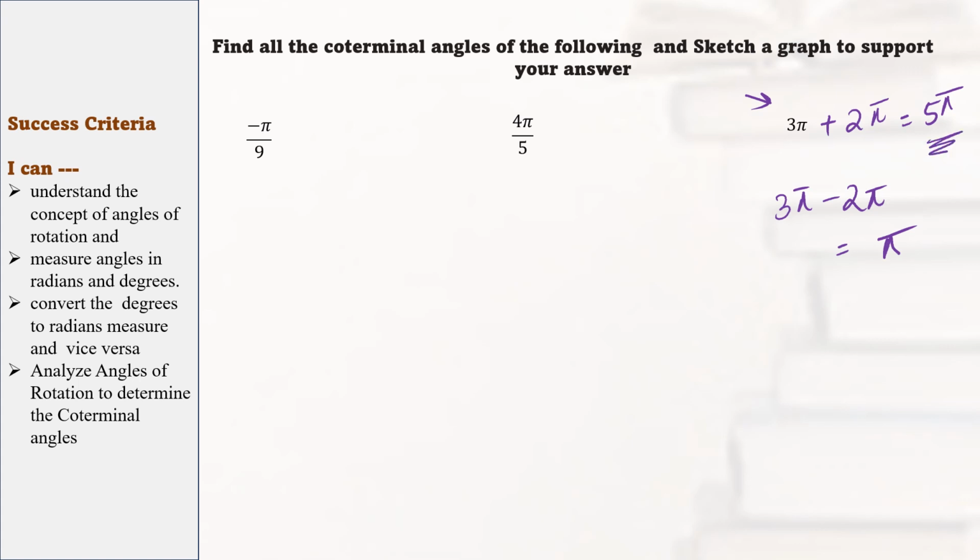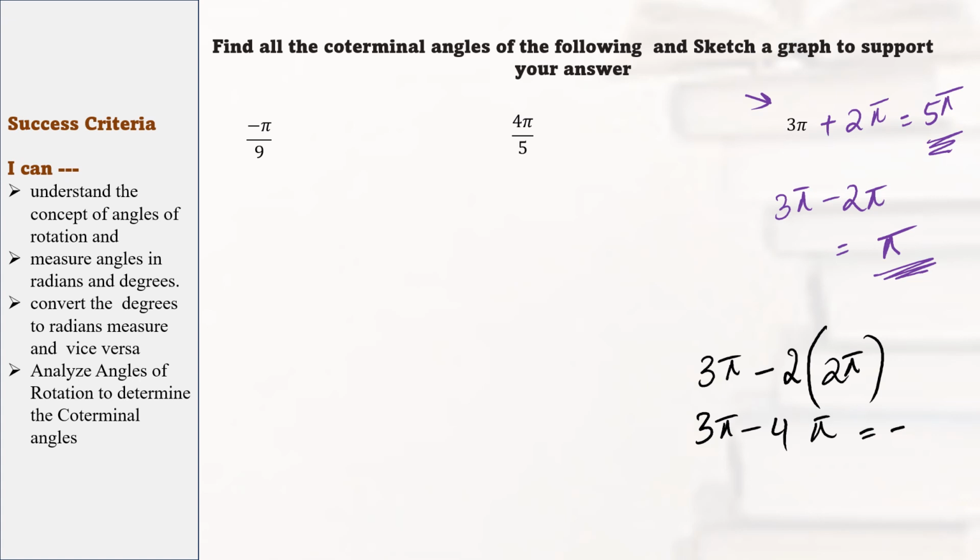When I make this one, I get a positive coterminal angle. When I write minus 2 pi, I again get a positive coterminal angle. So how can I find a negative coterminal angle? I will write 3 pi as it is, minus 2 pi as it is, but 2 rotations this time I will take. So 2 times 2 pi I will take. So 3 pi minus 4 pi gives me negative pi.